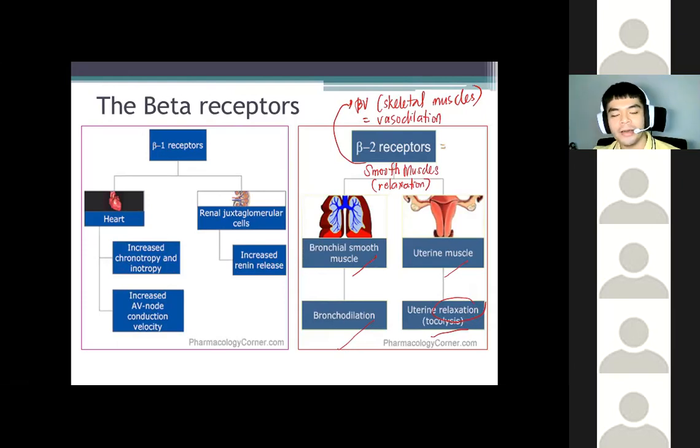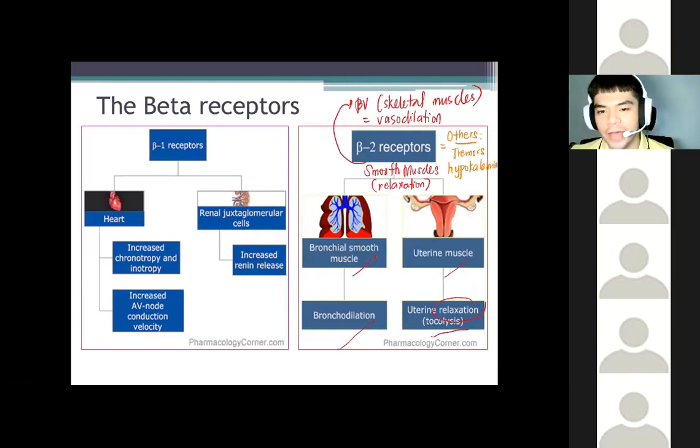Continue natin. Beta-2 pa rin. Pakidagdag, meron pa tayong other effects involving beta-2 activation. Such as, number 1, skeletal muscle contraction leading to tremors. And because of beta-2 activation, another effect is also hypokalemia.